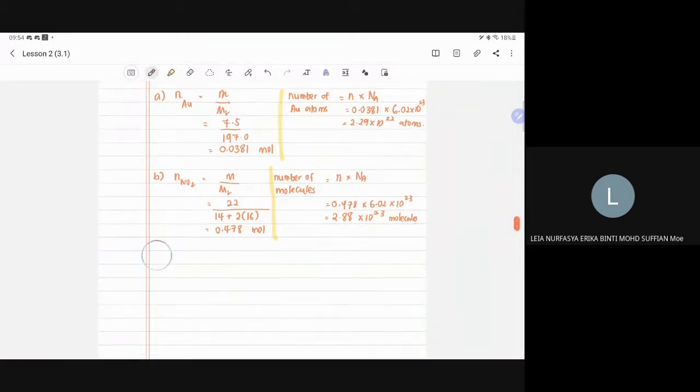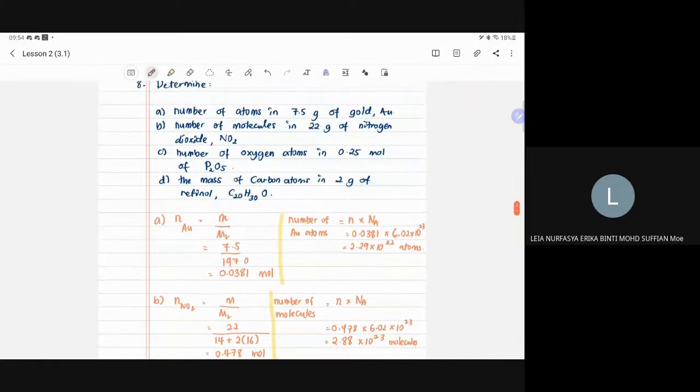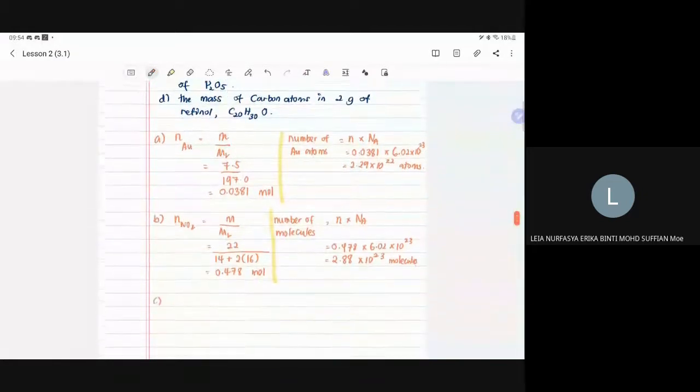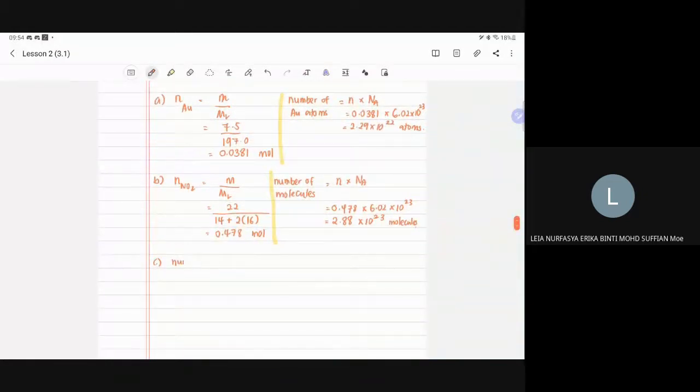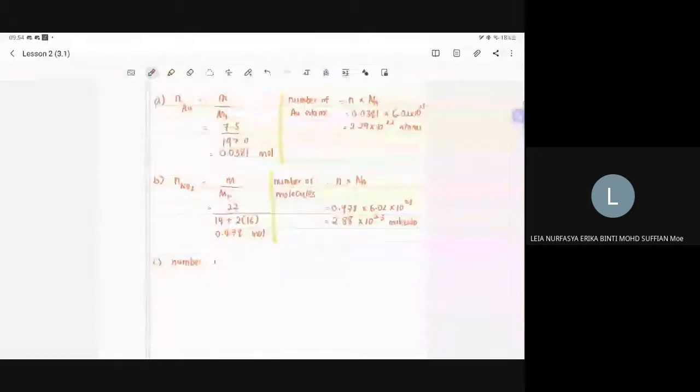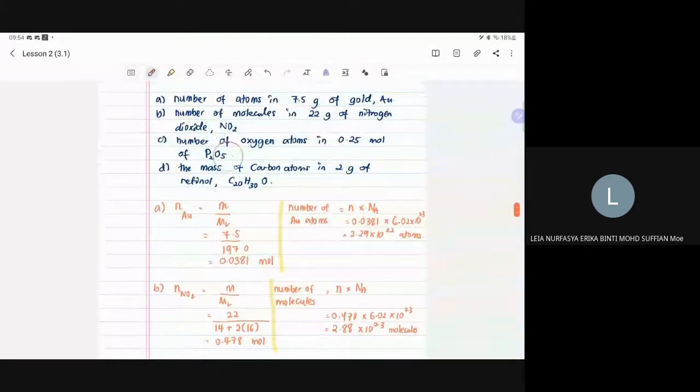Now, soalan C pula. Soalan C, number of oxygen atoms in 0.25 moles of P2O5. So, number of oxygen atoms, dia minta bilangan atom dia. So, kita ada number of mole of the compound. Ini adalah 0.25 mol untuk P2O5.